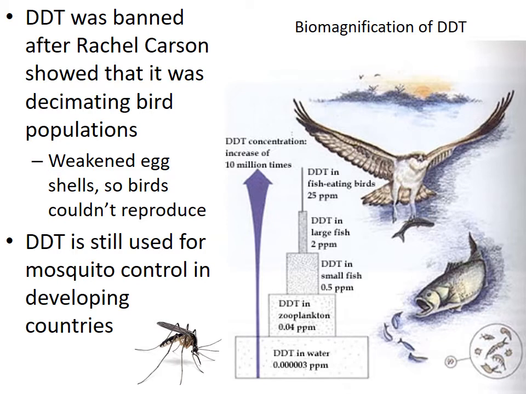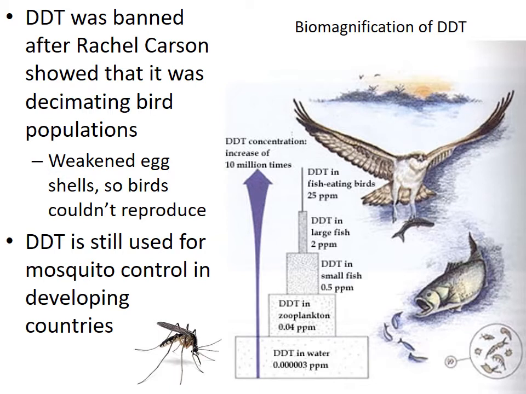So basically the birds lay scrambled eggs, and even if it doesn't kill the adult birds, those birds, by failing to reproduce, are failing to replenish their population and make up for the natural mortality, and therefore the bird populations of many species almost went extinct. It was a tragic situation where in the United States we almost lost our national bird, the bald eagle, due to DDT poisoning before Rachel Carson and her writing and advocacy of science helped us recognize this danger and ban DDT for use in the United States.